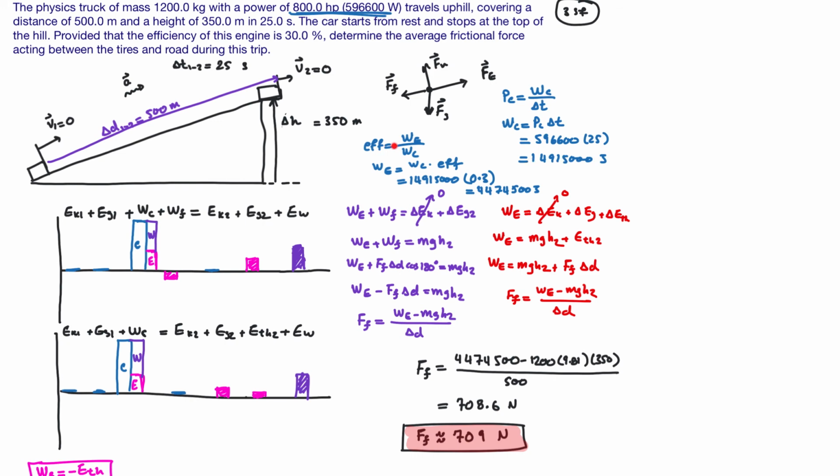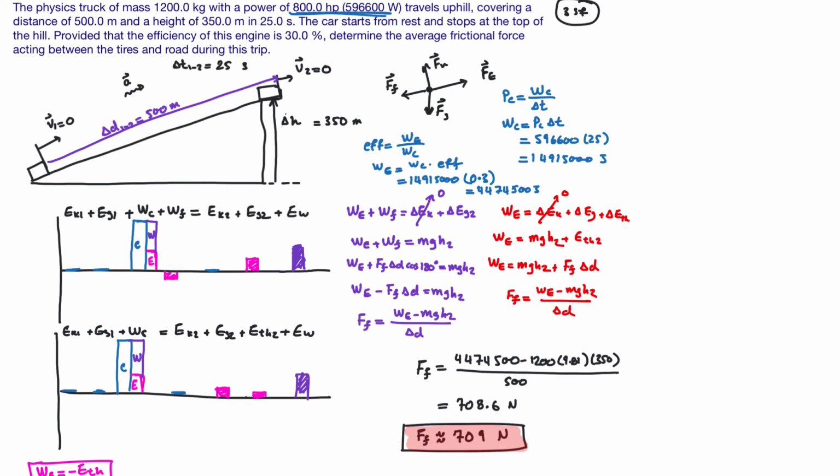And we can use the efficiency equation to see how much of that energy actually is going to the engine in order for it to do useful work. And we find that out here. And once we have that, we will use the equations either from this or this. It will yield us the same answers.